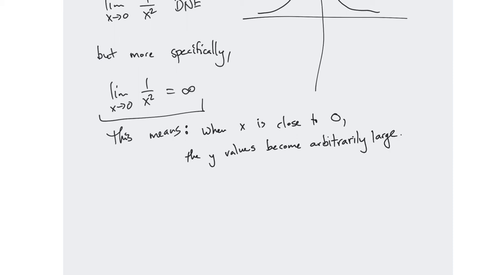This is a slightly more professional sounding way of saying the y values become really, really, really big. If I say really big, the natural question is, how big do you mean? I mean, as big as you want. That's what arbitrarily large means.